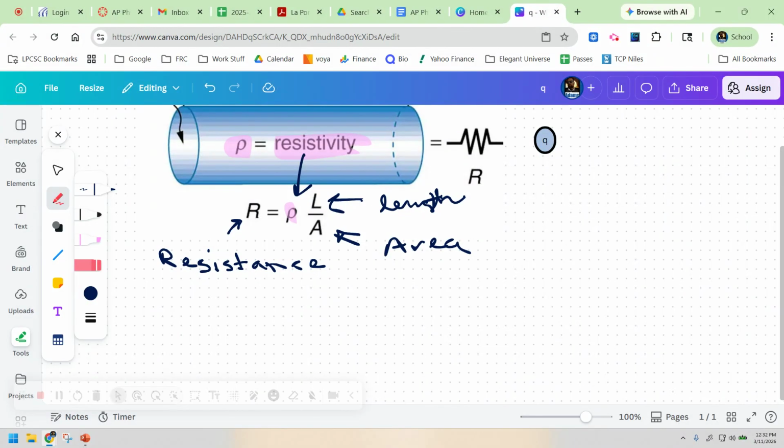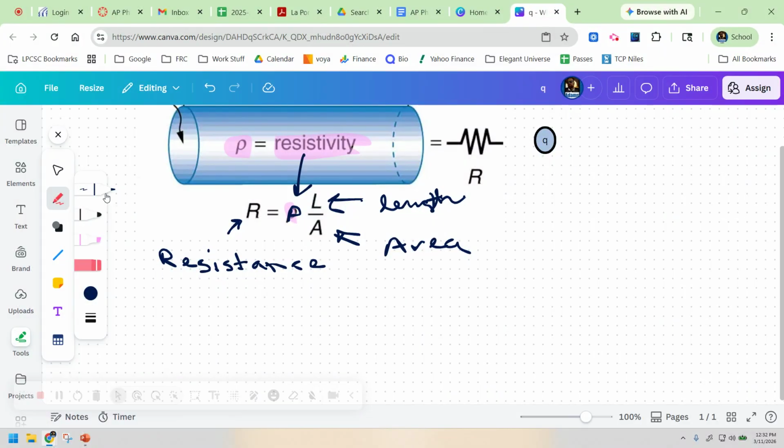And so this is actually the Greek letter rho. It looks like a P, but it's actually rho. So what does that mean? Well, I'm going to show you some. Resistivity is just the material's quantitative measure of resistance. So how do I find that?